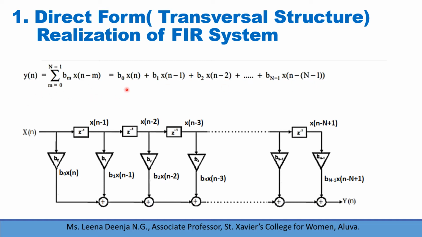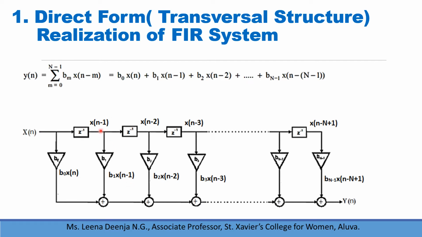Here the input given is x of n and mark this output as y of n. For realizing the first term, multiply this x of n with b0. So here we get b0 x of n. Then take the inverse Z transform of x of n, so we get x of n minus 1. Multiply it with b1, then we get b1 x of n minus 1.